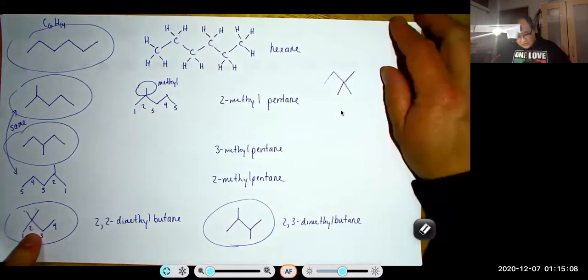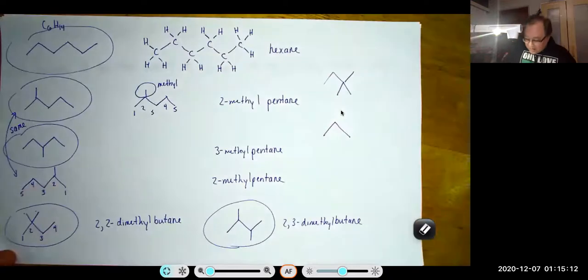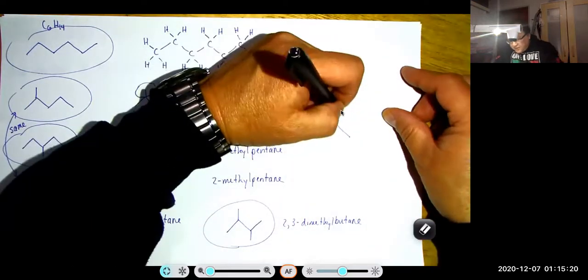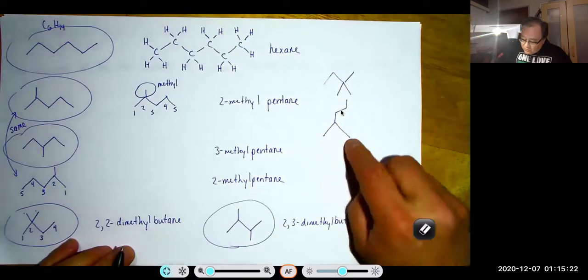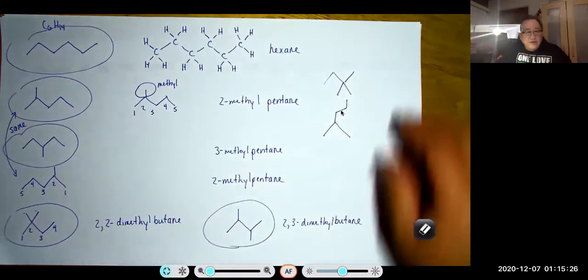Okay, so that's not a new one. And let's see, what about 3 carbons? So here I have 3 in a row. Now I want to put the other 3 on this, and I could try something like this, right? 1, 2, 3, 4, 5, 6, and this looks like something different than everything else I've drawn here.